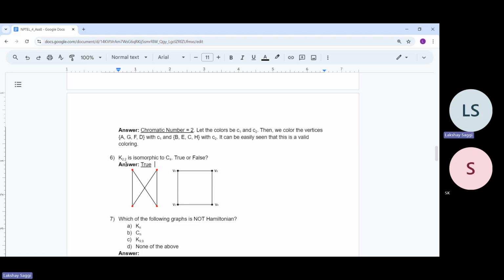If V1, V3 has an edge, then here also V1, V3 has an edge. If V1, V2 has an edge, then V1, V2 also has an edge, and so on. So it is true that these two graphs are isomorphic, as can be easily seen on the diagram. These two vertices are, let's say, V1 and V4, and these two are V2 and V3. I should have put the labeling here also, but I forgot. Then we can say that this is isomorphic to this graph.